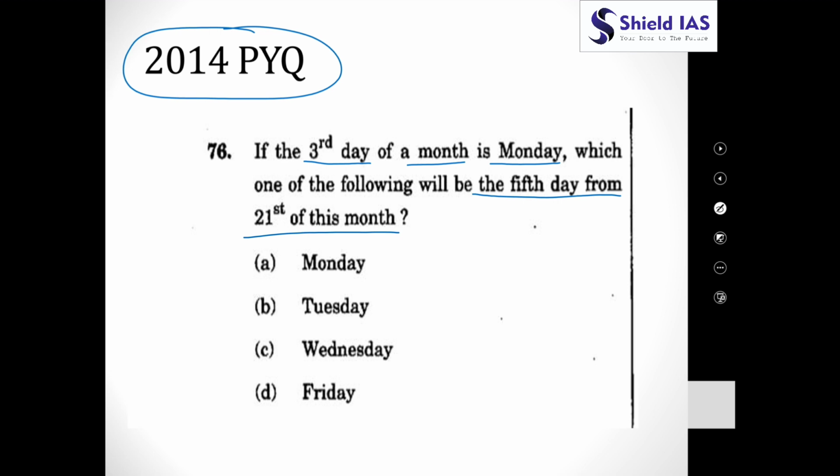Okay. So on the third of a particular month, it is saying the day is Monday. Then there would be the 21st of this month. It does not say what the day is on the 21st, but we can calculate. However, it is not asking about the day on the 21st. It is asking what is the fifth day from the 21st of this month.